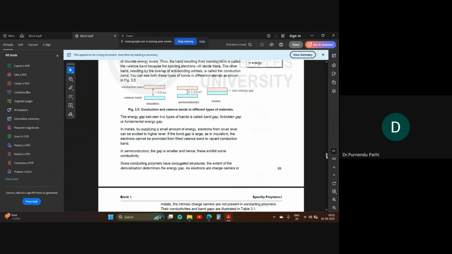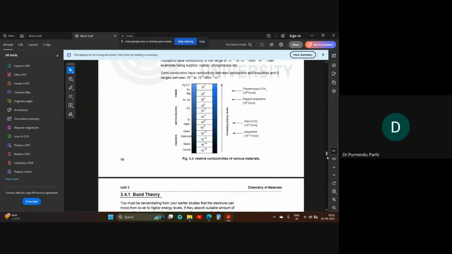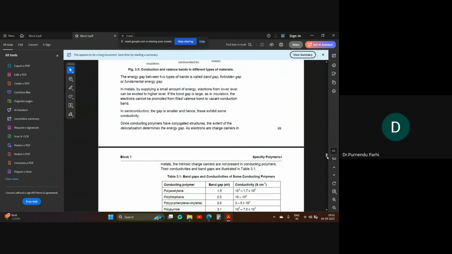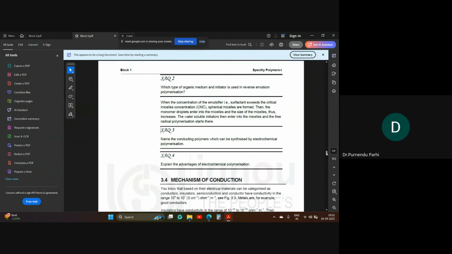So as electrons are charge carriers in metals, the intrinsic charge carriers are not present in conducting polymers. Their conductivity and band gaps are illustrated here. So suppose there are some examples.